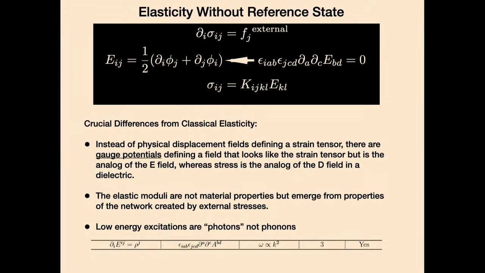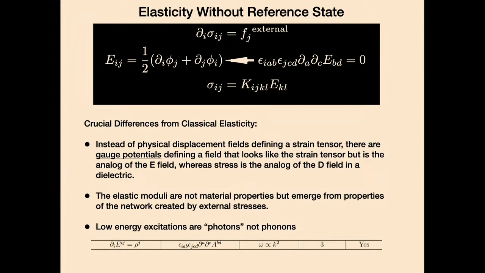So the stress is this, but this is the E field, and that's the one that satisfies a compatibility relation. It's not strain. These phi's are not displacement fields. They are just gauge potentials because my E field satisfies this condition. So the reason for the compatibility relation is not because I derive something from a displacement field, but because in the static limit, I have to satisfy this condition. So basically, that's the story.